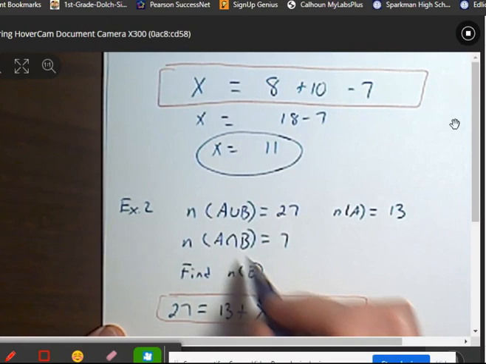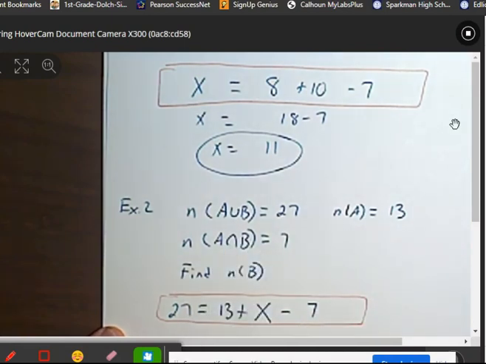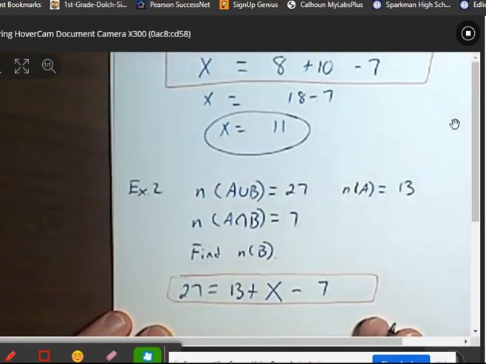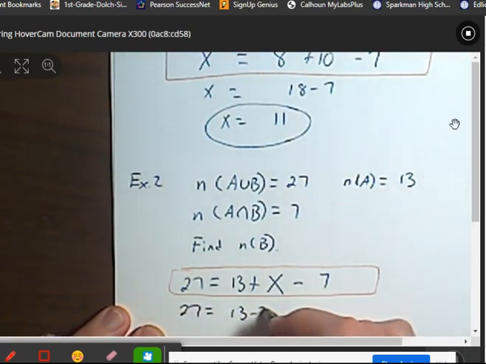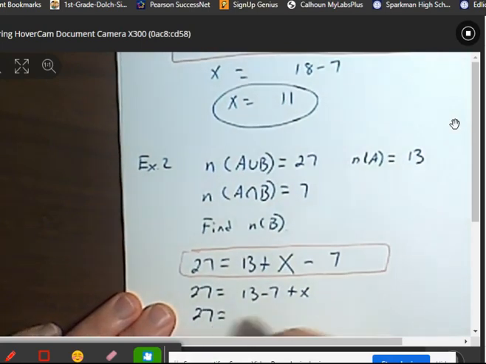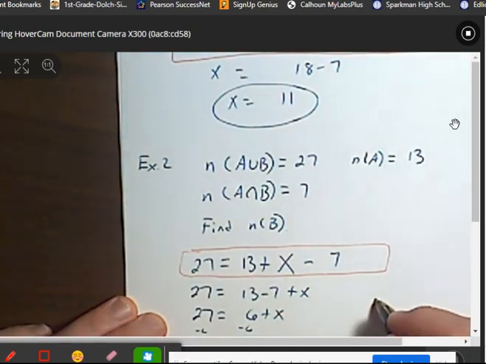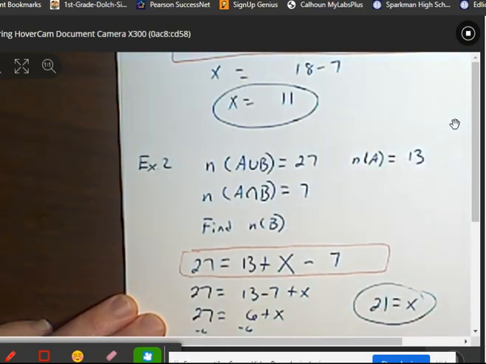And then minus the intersection, which was 7. On the other side, rearrange these terms so it's 13 minus 7 plus X. 13 minus 7 is 6. Subtract the 6 from both sides, and that comes out to be 21, which would be your number of B.